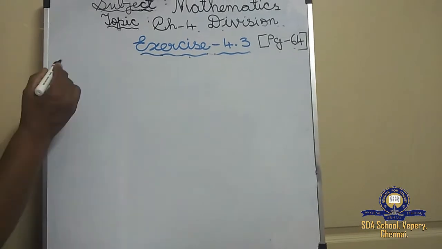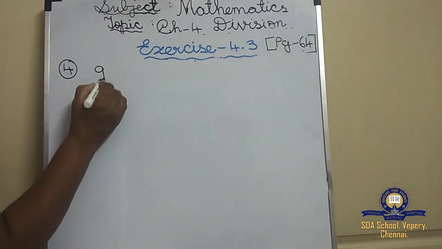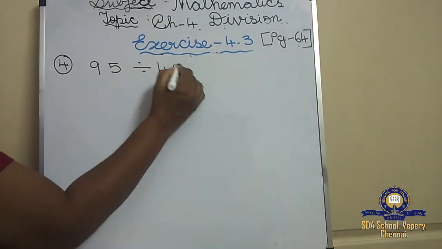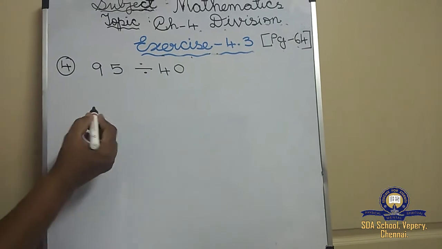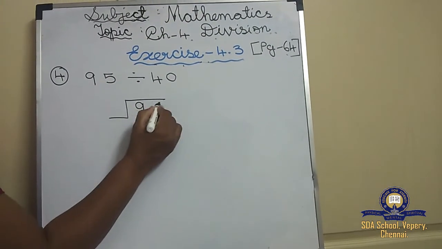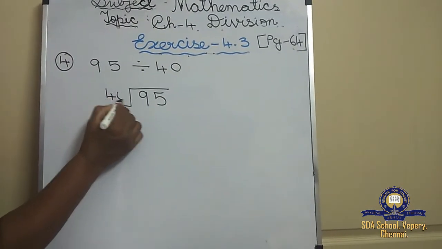Okay, children, we'll see the fourth sum. Fourth sum, 95 divided by 40. Okay, so what's the dividend, children? 95 is the dividend and 40 is the divisor.